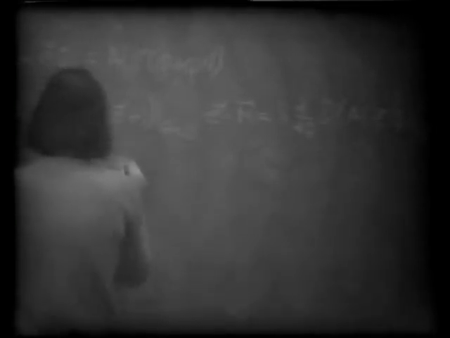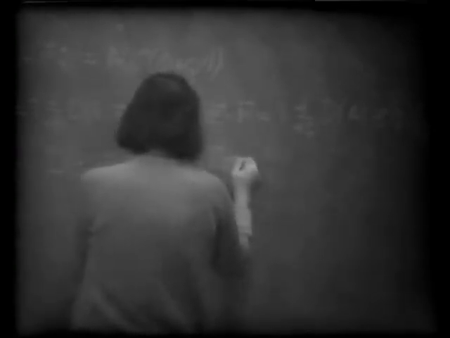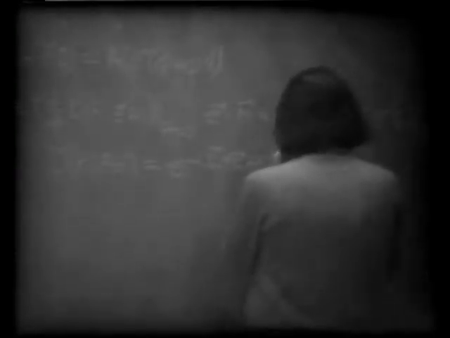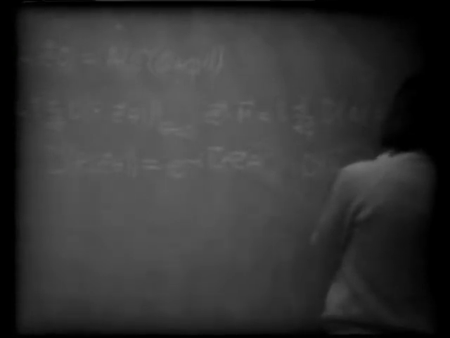We find that D(R(e, theta)) equals e to the minus i L dot e theta, and by exactly the same reasoning, D(A(e, phi)) equals e to the minus i M dot e phi.